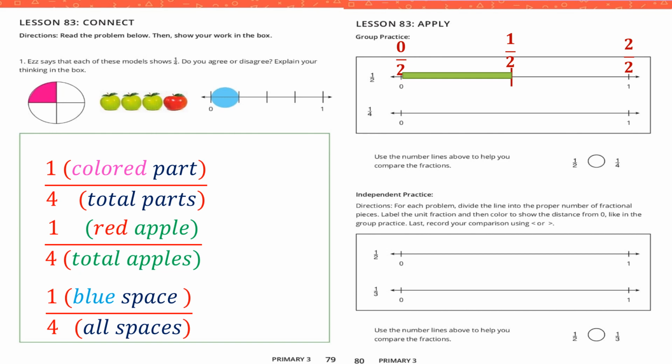By the same way, let's represent 1 over 4. Look at the denominator. The bottom number is 4. It means 4 equal parts. We want to split this number line into 4 equal parts by making how many dash?